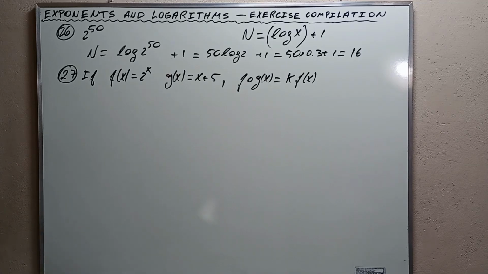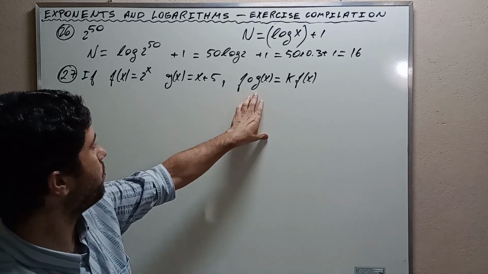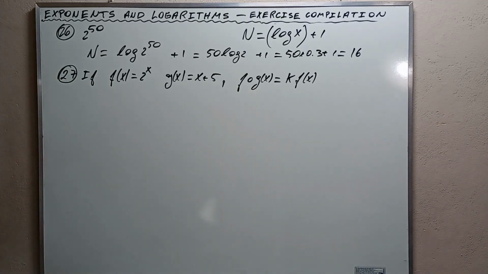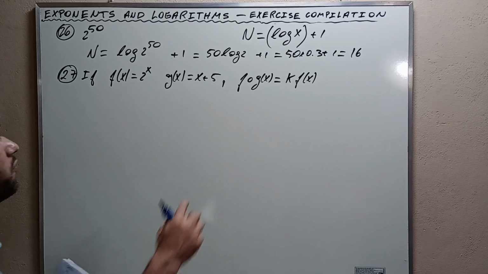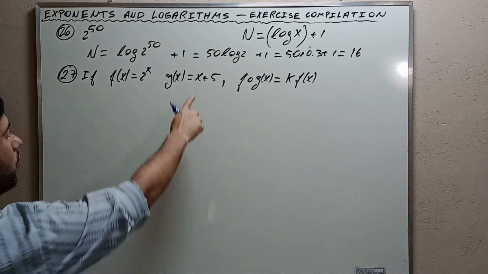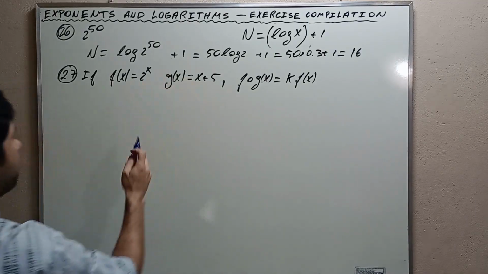Okay, my friends, this is the exercise. Let's go to the solution. It is very simple, my friends. It is not difficult. It is very simple. Let's solve it. Okay? What does it mean? It is a composite function. It means that we have to substitute g in f. Okay? We are going to substitute g in f.